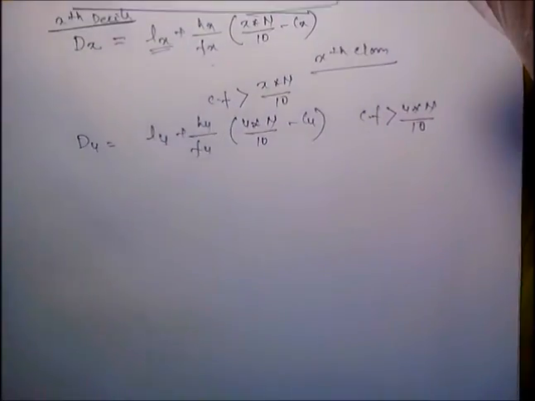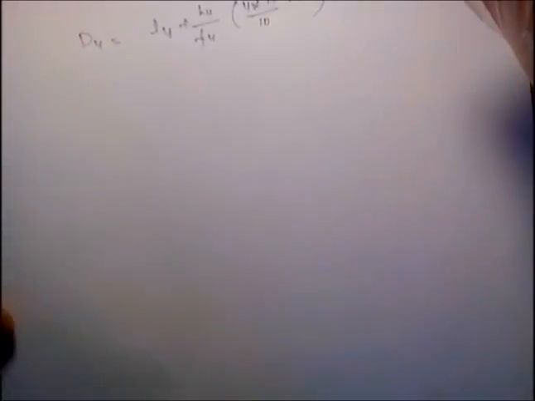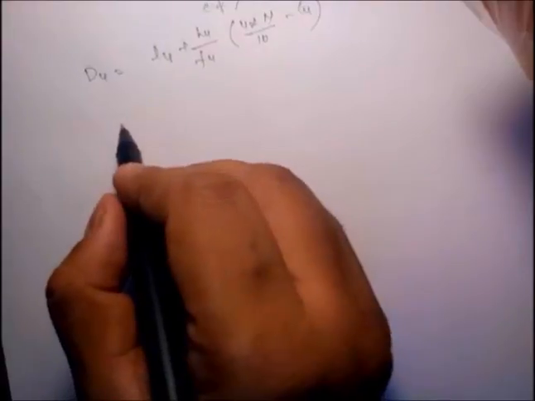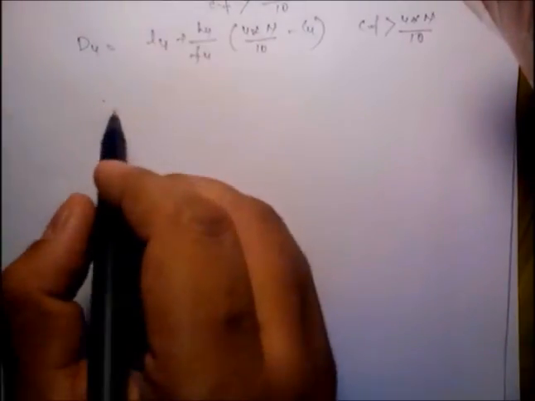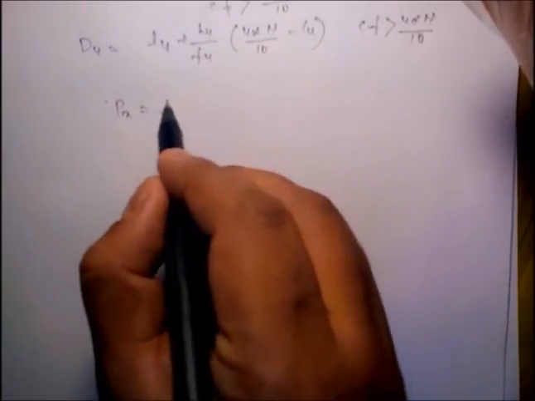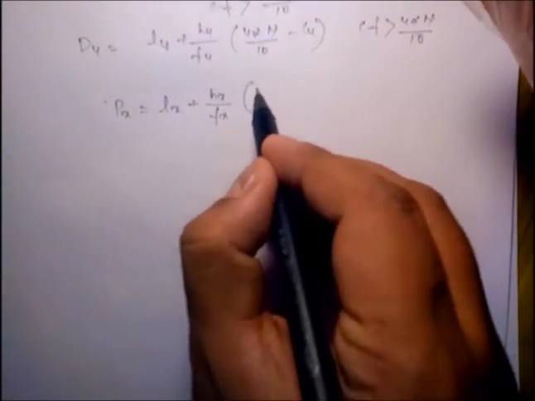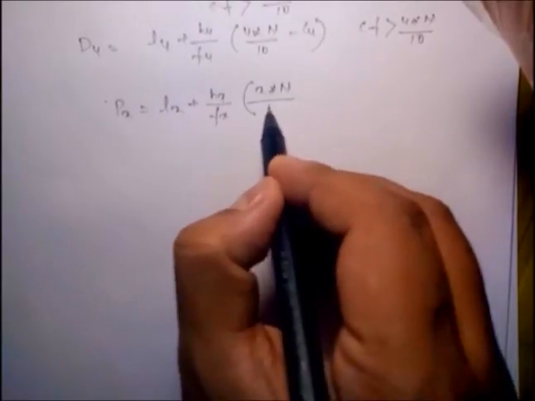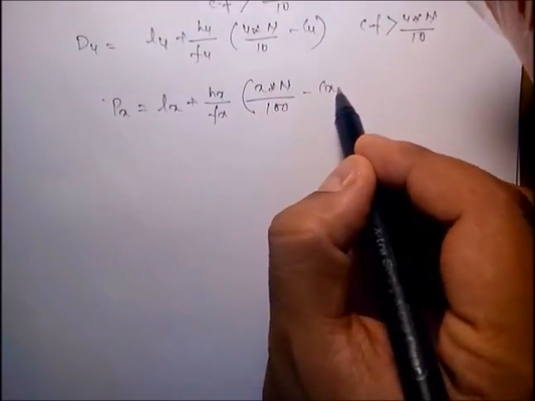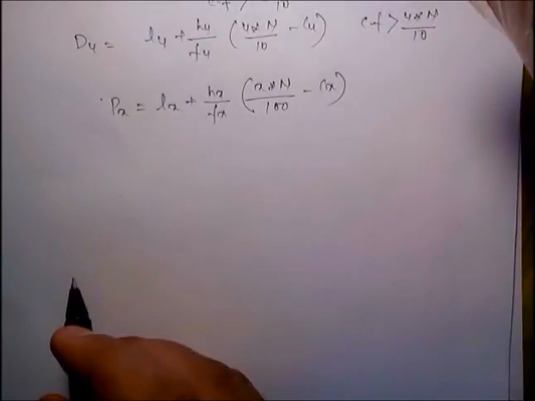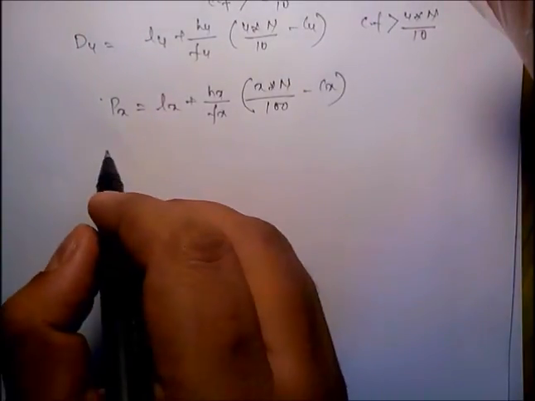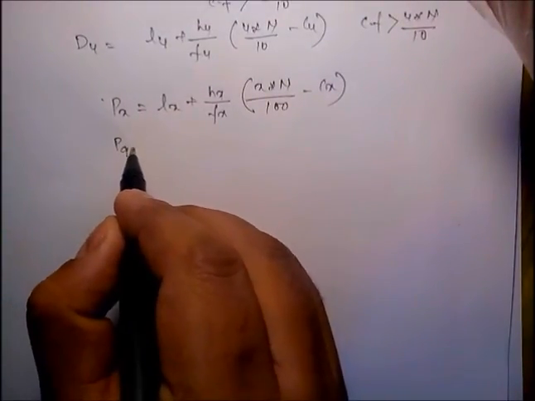Okay. Similarly, how to calculate the percentile? For the percentile, the formula is Px is equal to Lx plus Hx by Fx, x into n by 100 minus Cx. Suppose we want to calculate percentile 90.